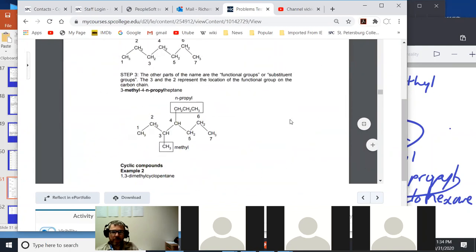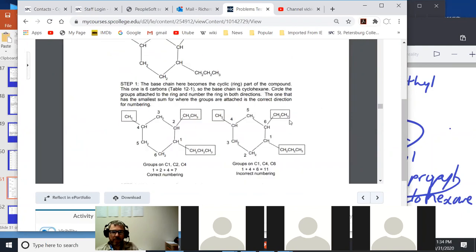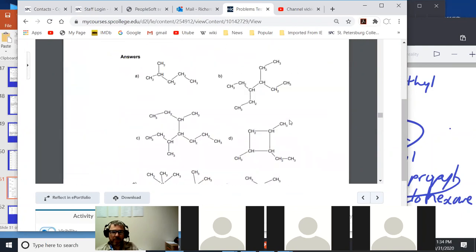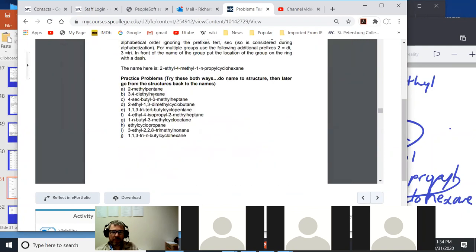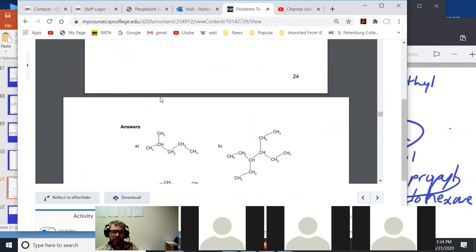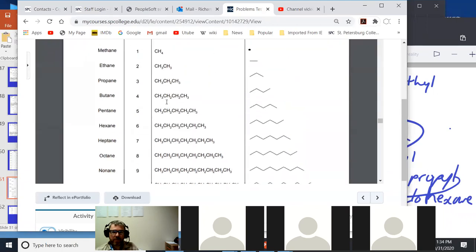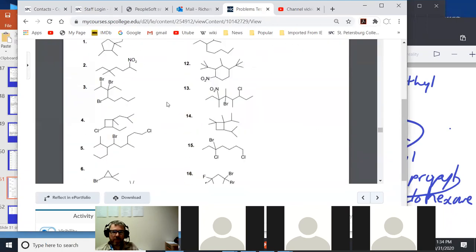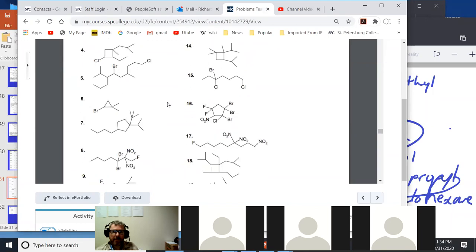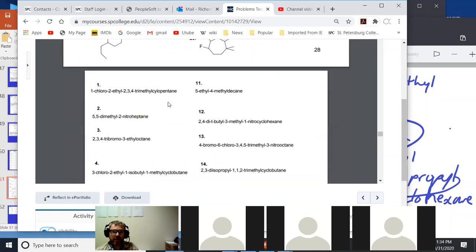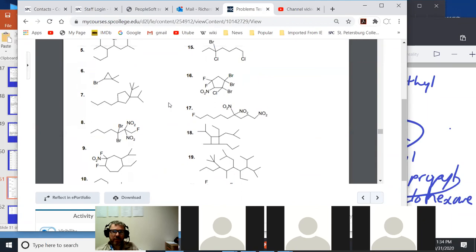Okay. So I've got some examples here. These are just hydrocarbons, and they have the structures with them as well. And then I've also got another worksheet here starting on page 28. That's good practice. It has the names and the structures here.